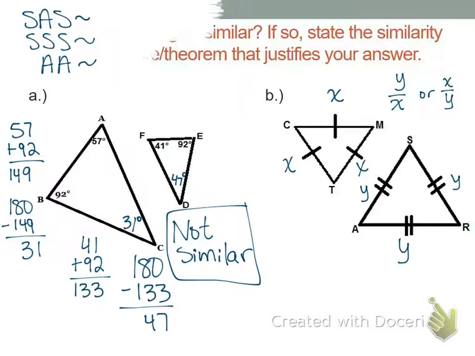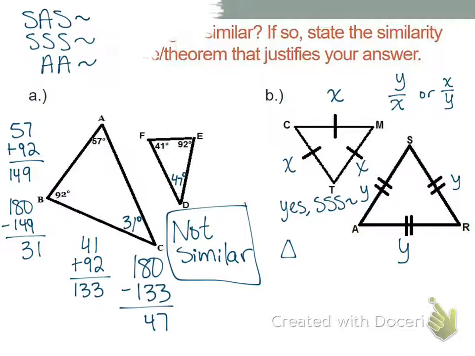So does side work? Yes, it sure does. Yes, they are similar by side similarity. They want us to state the similarity. On this particular problem, there are a lot of possible correct answers. It would actually be hard to come up with an incorrect similarity unless you just use the wrong letters.